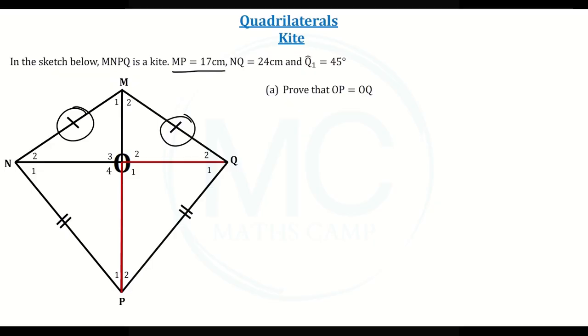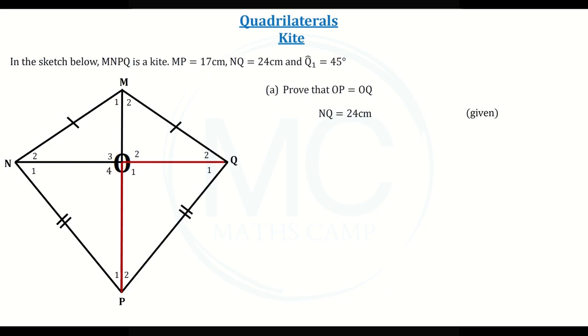But the question also tells us that NQ is 24 centimeters long. So let's make a note that NQ is equal to 24 centimeters. And we know this because this has been given to us in the question.